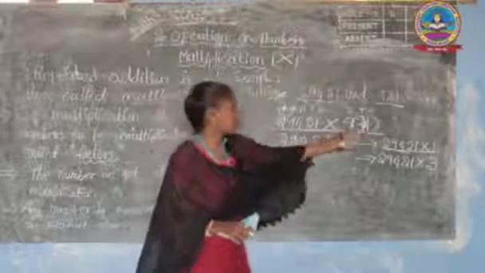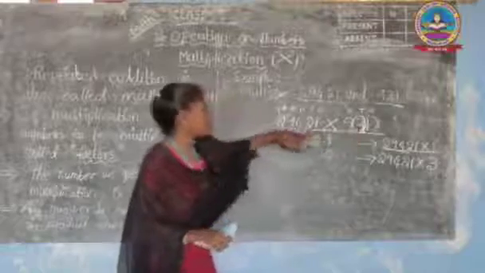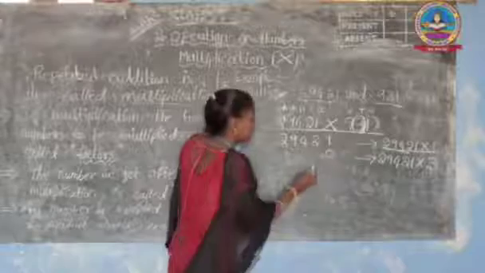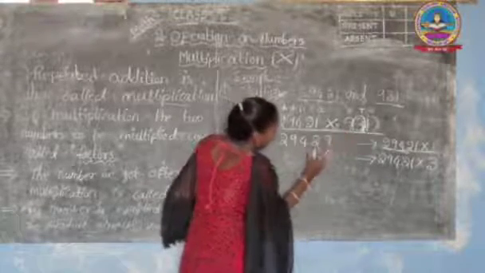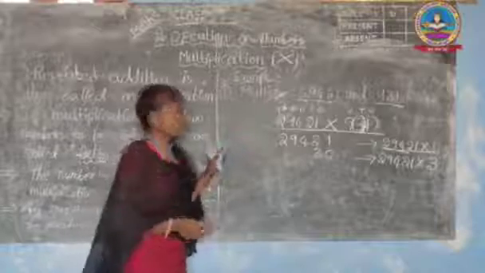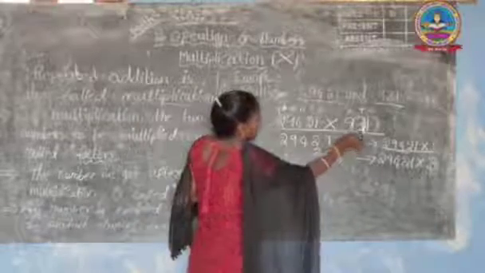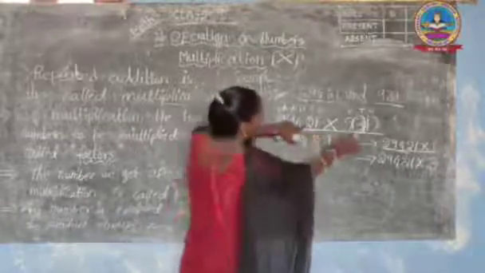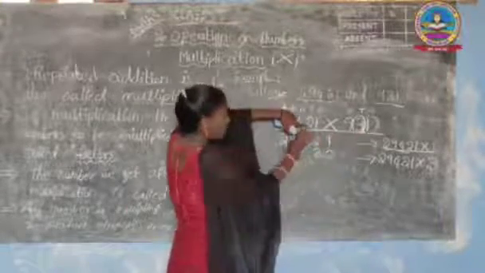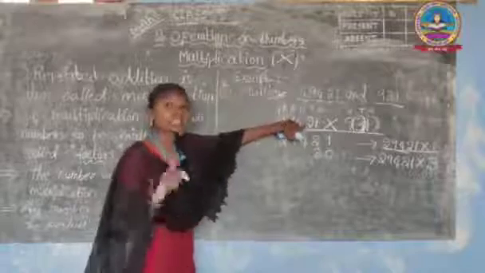Let us start multiplication. 3 ones are 3. So write 3 below the 2. First 3 ones is completed. Next, 3 twos are 6.